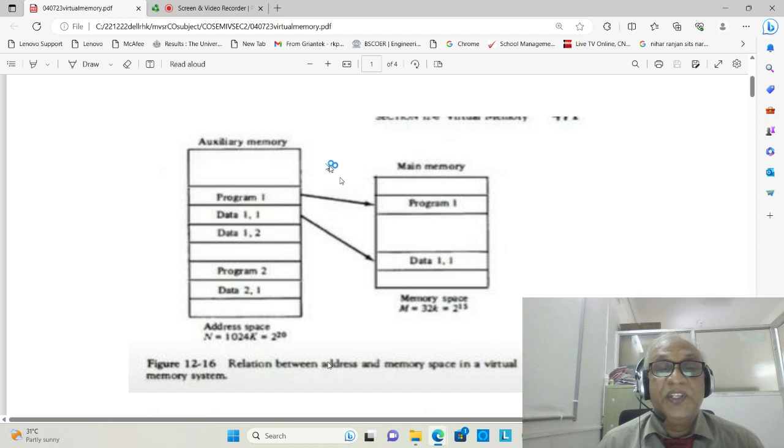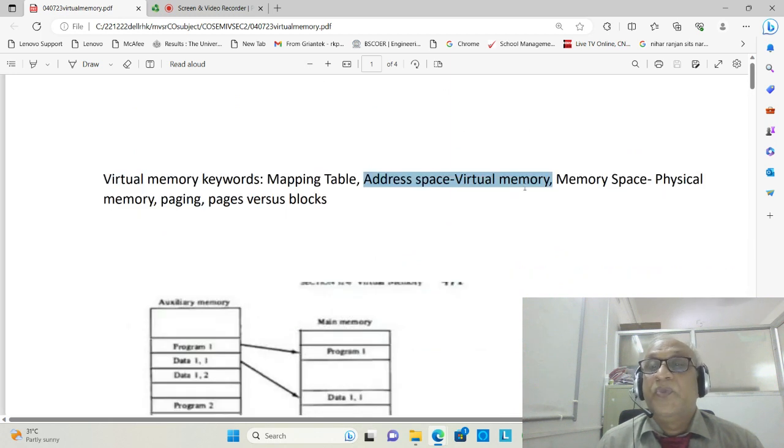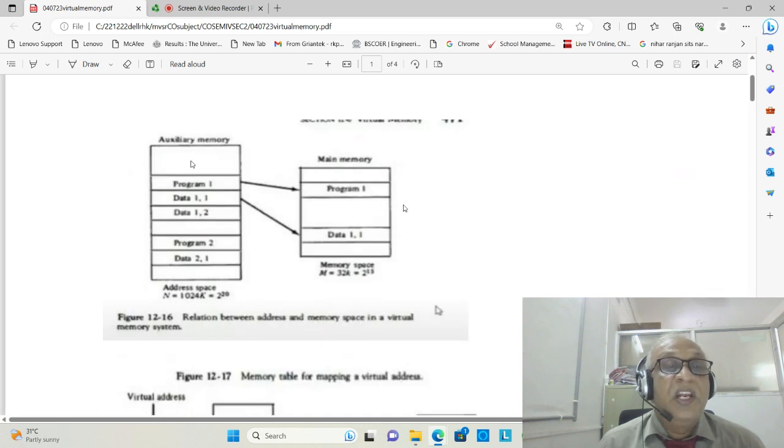Address space we refer to for virtual memory, while memory space refers to the physical memory. The left part is the address space, which indicates the virtual logical addresses, and this is implemented with the help of auxiliary memory, which is secondary memory.